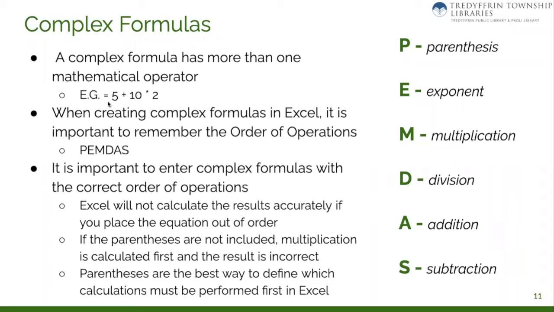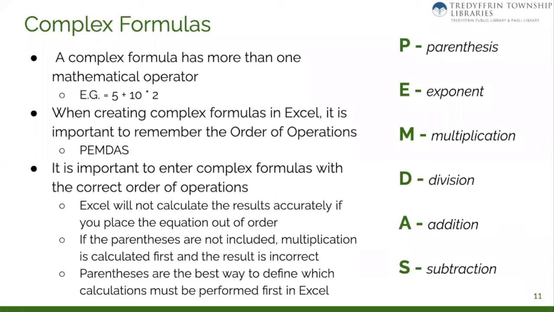We would have to put that in parentheses. That'll tell Excel that we want 5 plus 10 to be computed first, and then that value will be multiplied by 2. Parentheses are the best way to define which calculations must be performed first in Excel.